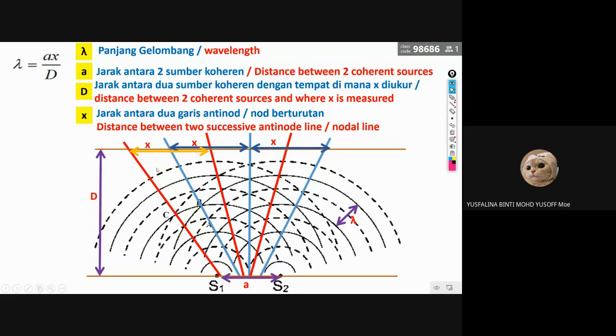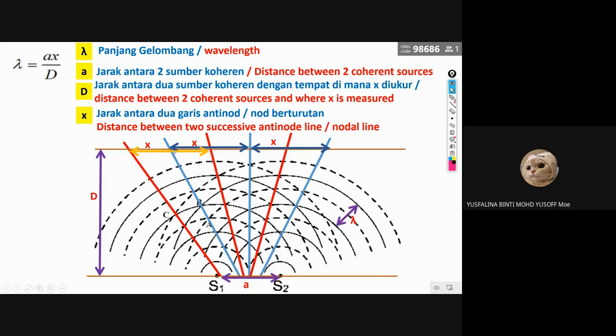Let's say for this one, we know this one is a nodal line, right? This is destructive. So x is from the nodal line here to another one, the next adjacent one. So here we call it 1x.